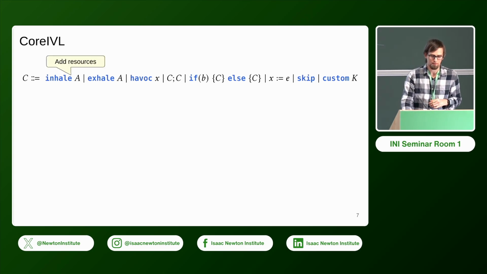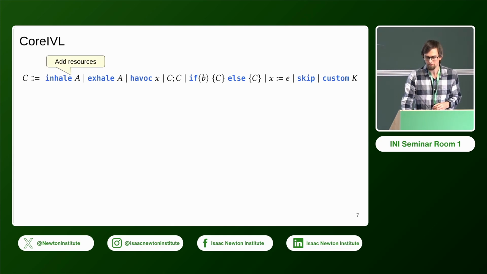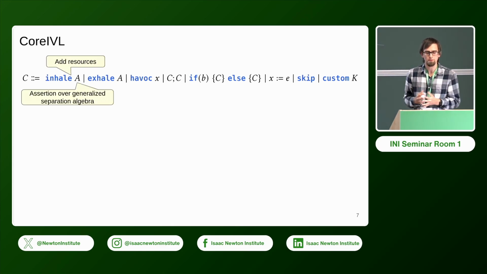Particularly, we have, for example, an inhale statement in this language for adding resources, as we've seen before. And this A is an assertion over a generalized notion of separation algebra. So this core IVL language is generic in the notion of separation algebra, or separation logic, that it is instantiated with. This is part of it being a generic framework.